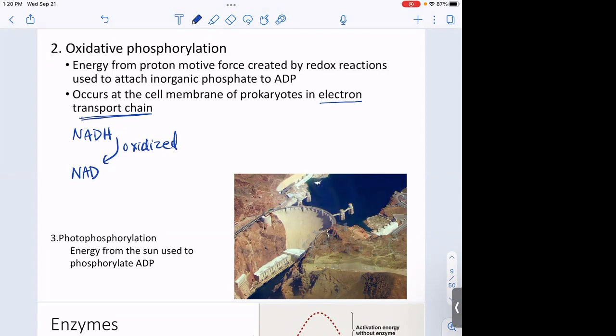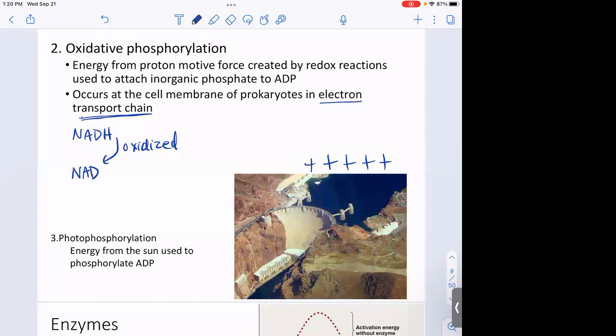Okay, so I want to plant this picture of a dam here. We'll come back to this later, but in the electron transport system, when those electrons are passed, the protons are put outside of the cell.